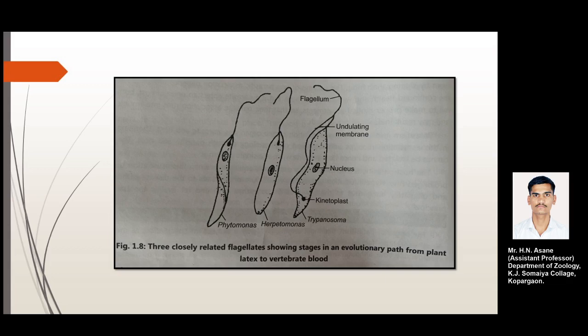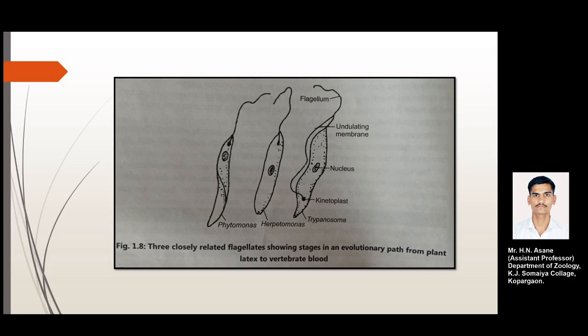Okay, so phytomonas are parasites of plants, and they mainly occur in plants which have abundant latex.